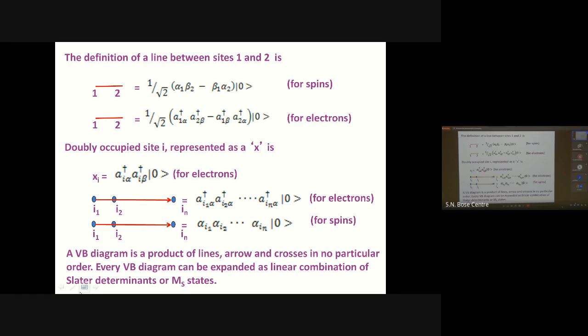And if you have parallel electrons at different sites, then you just write it as an arrow involving sites I1, I2, IN, which will be just alpha, alpha, alpha operating on 0, and that will give you the spin n by 2. Okay, because you have n sites.